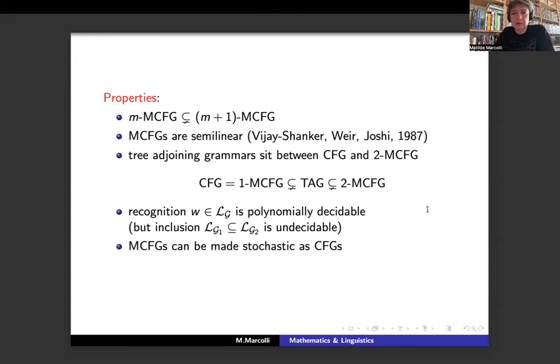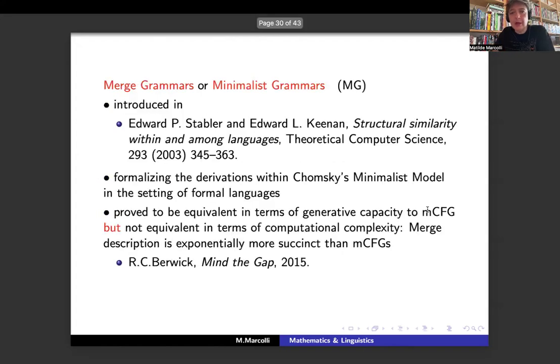And it can also be shown to be equivalent to merge grammars, as I was saying, the formulation of computational minimalism of Stabler. But there's a catch in this equivalence, in the sense that they are formally equivalent in the sense of their generative power, but not in the sense of the computational complexity involved.